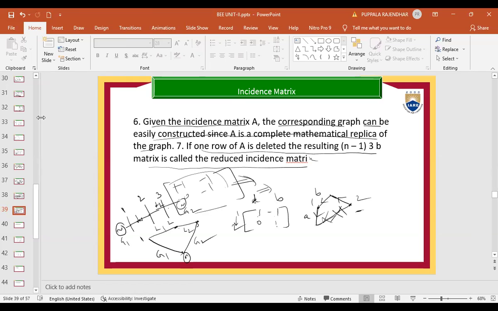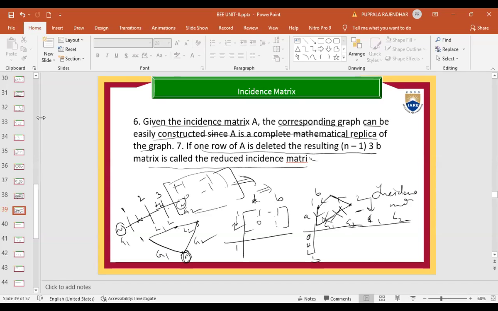Now, if we draw a graph here, how many nodes are we having? Reference node 0, then 1, 2, 3. Total 4 nodes. How many elements are we having? Generator 1, generator 2, line 1, and line 2.